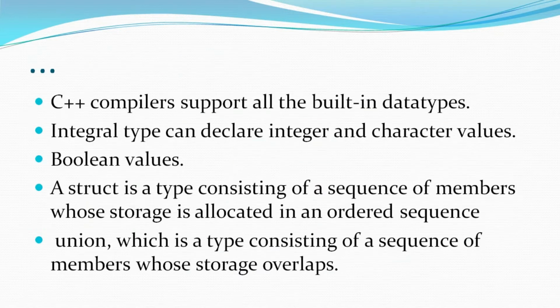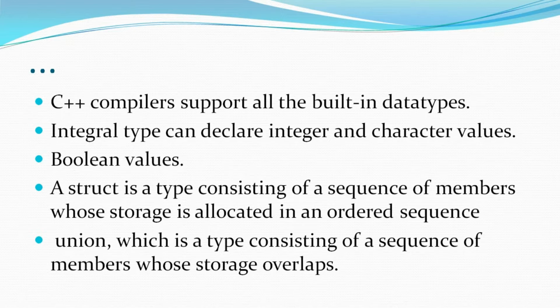The second one is structure. What is a structure? A structure is a type consisting of a sequence of members whose storage is allocated in an ordered sequence. What does that mean? Suppose we take a stack of locations 0, 1, 2, 3, 4, 5.